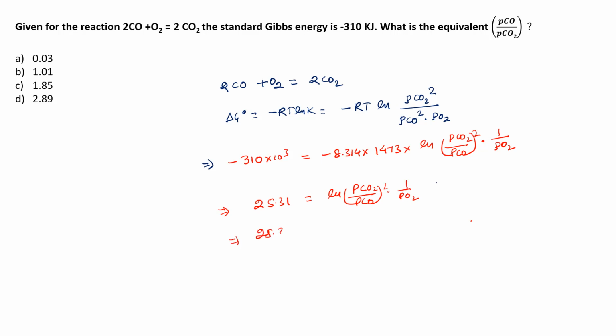We can write it as ln of PCO2 by PCO whole square minus ln PO2.